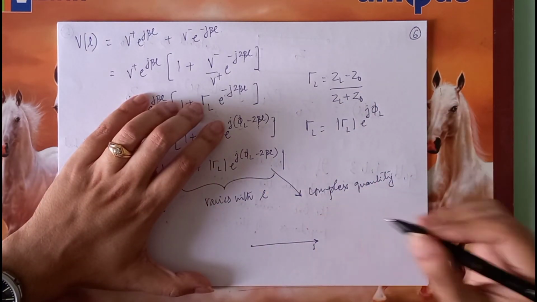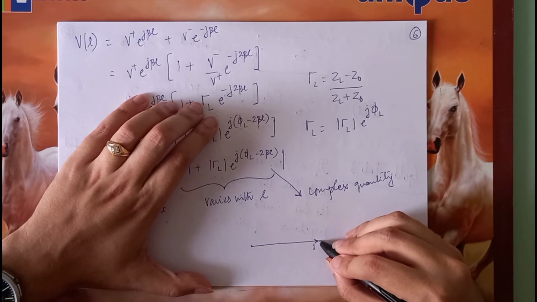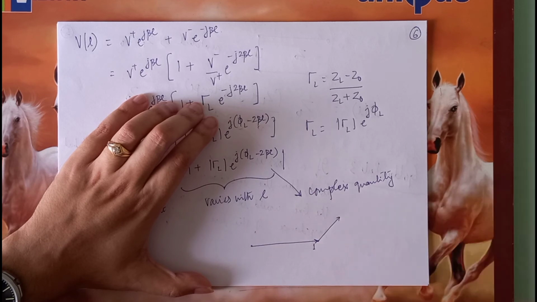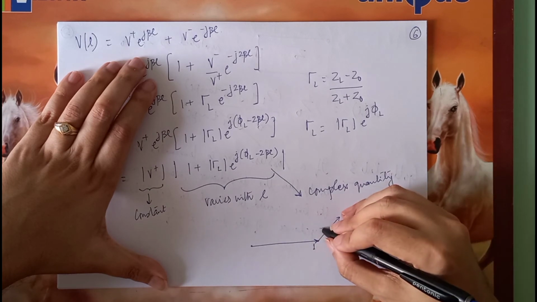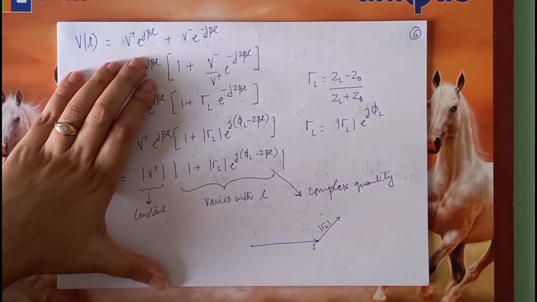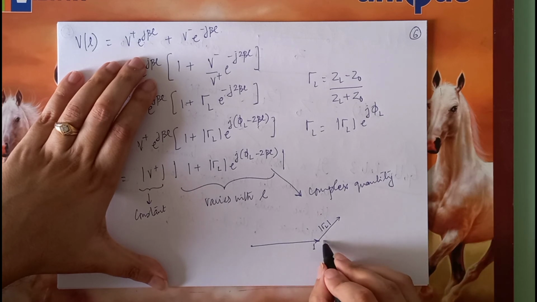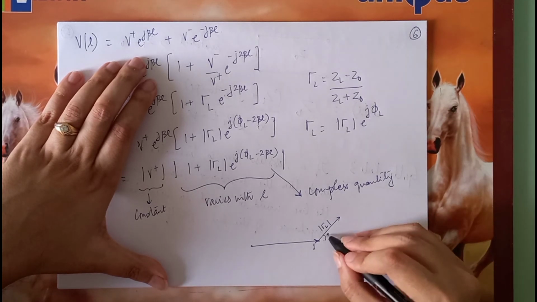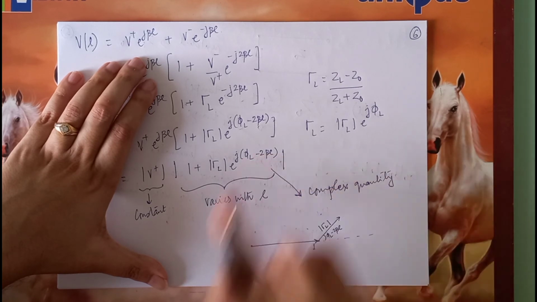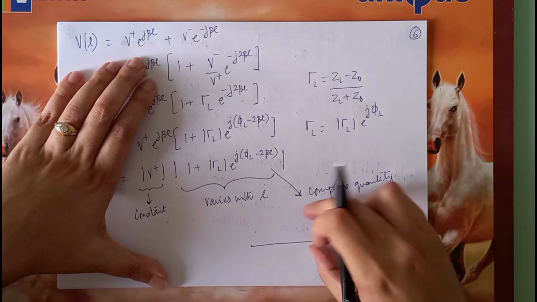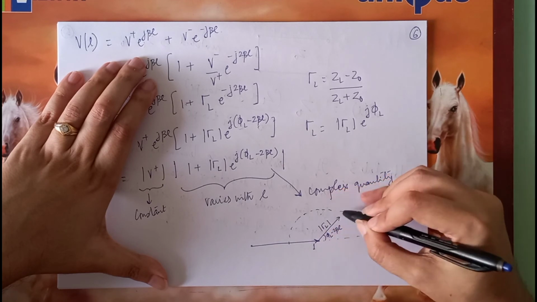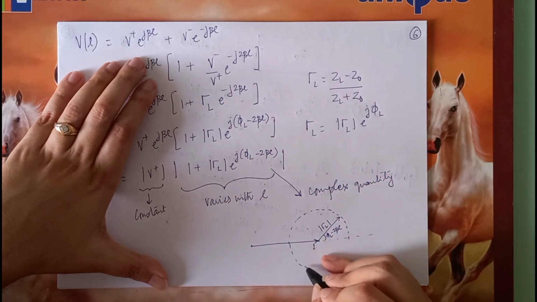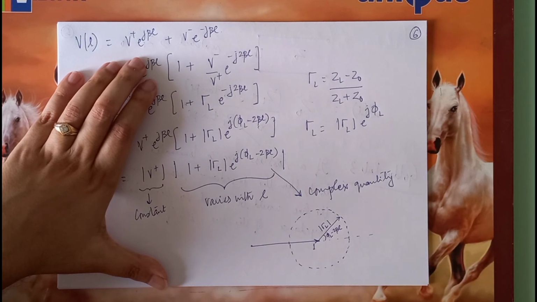So therefore, if I want to add, suppose at any point of time, the second quantity or the second vector is over here, then its magnitude will be mod of gamma L and its phase angle would be phi L minus 2 beta L because it is in the polar form, and this would actually trace out the path of a circle, depending on what the value of L is.